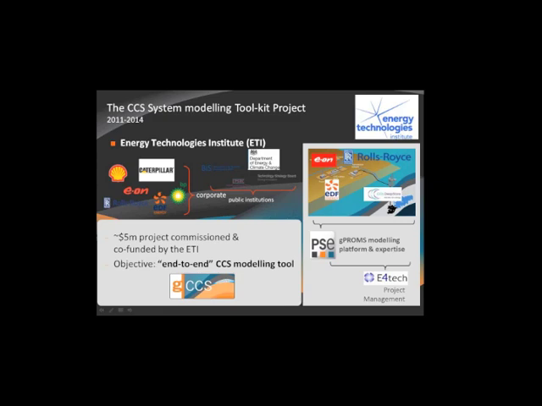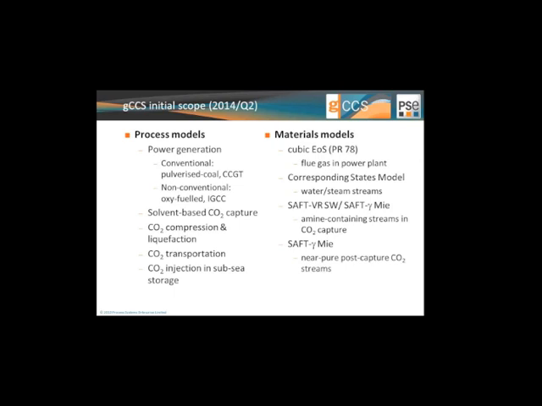The initial scope of gCCS will cover process models for power generation, both conventional and non-conventional, solvent-based CO2 capture, CO2 compression and liquefaction, CO2 transportation, and injection in subsea storage. It will also contain pre-configured material models, so for physical properties, that are optimally adjusted to the various subsystems in the CCS chain.